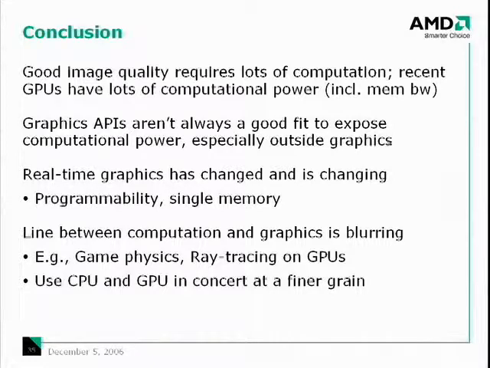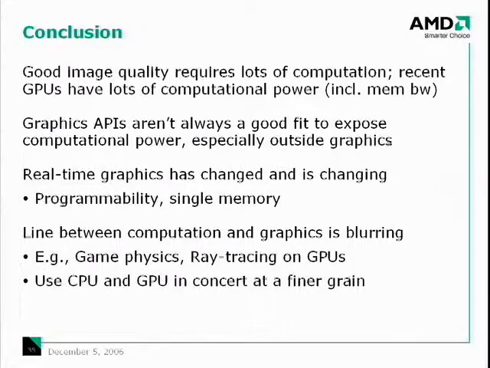Real-time graphics has changed, and it's going to continue to change. The big changes have been programmability and single memory. But I think the changes that are starting to come more is that the line between computation and graphics is blurring. I showed you in that toy shop demo, some of the stuff it was doing was in a sense pure computation, but the result was graphical.